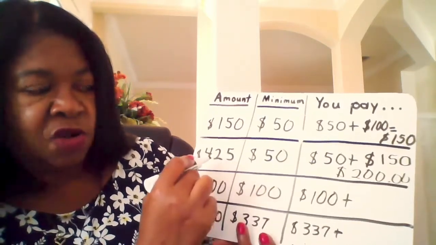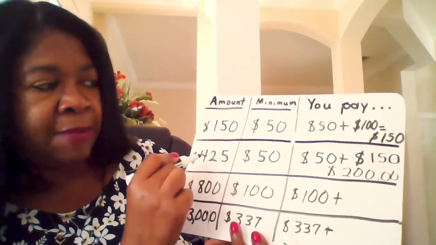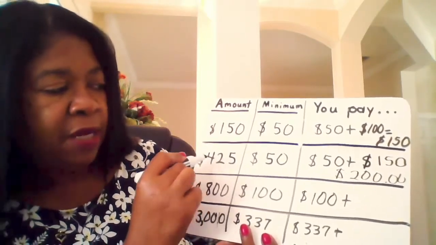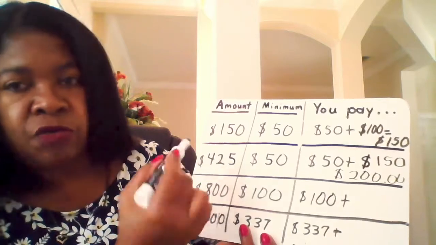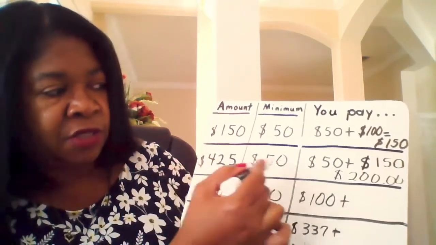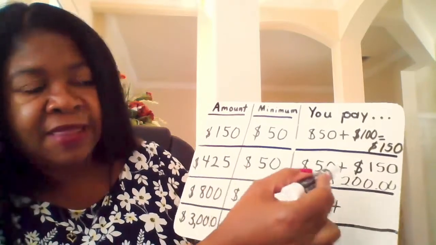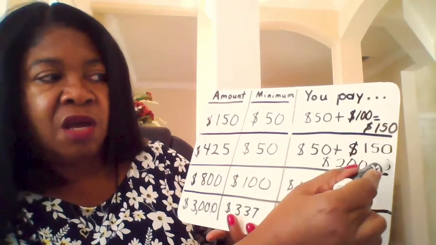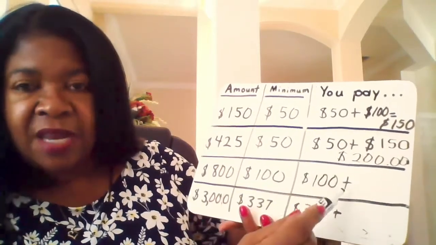So you're going to have $200 that you're going to pay for this, and you're going to be able to do this in two times or two payments, because if you do $200 and $200, that's $400. So you can certainly find $25 somewhere to pay, to eliminate this debt. Then you're going to take this $200 and you're going to move it down here.